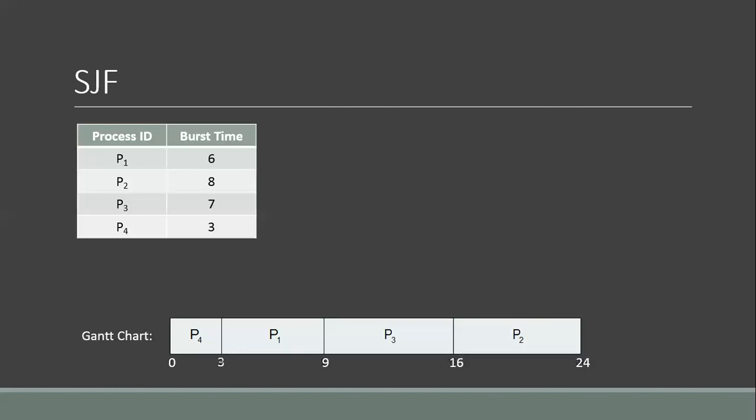So P1 has the shortest burst time as compared to the burst time of process P2 and P3. So P1 will be selected for the execution on CPU. Its PCB will be removed from the ready queue and P1 will be allocated CPU. So P1 will start its execution at time 3 and it will finish its execution at time 9.